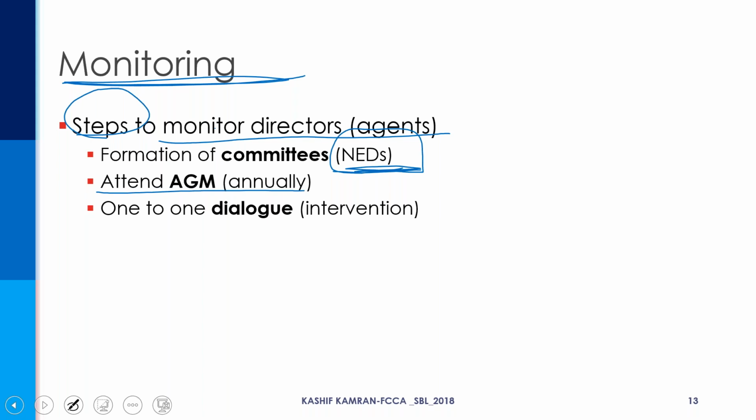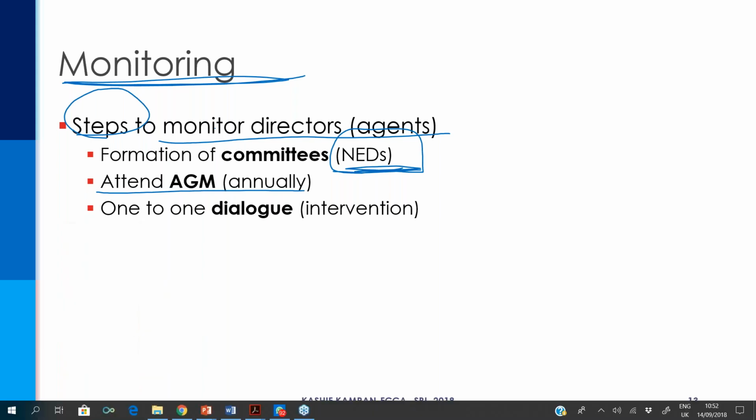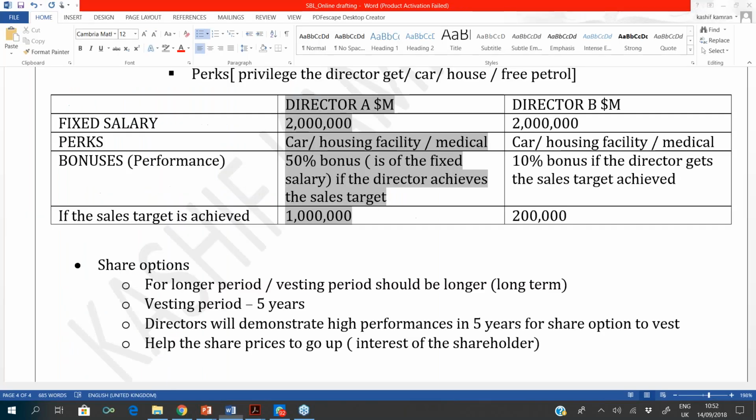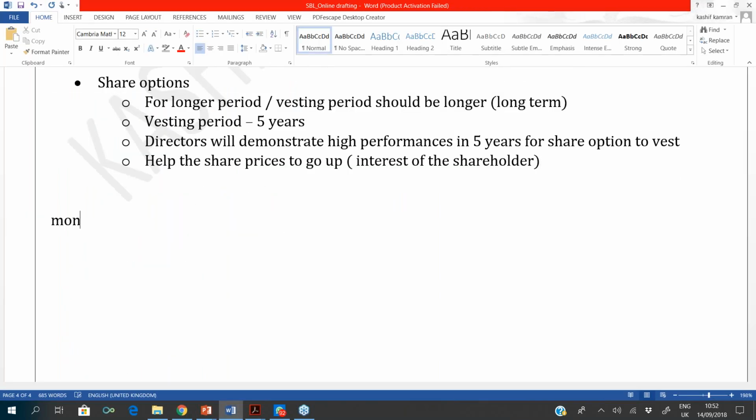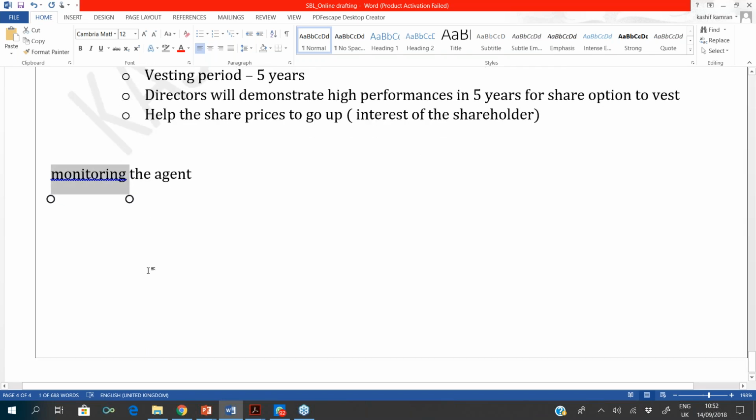So let's find the ways of this monitoring here. How can we monitor the agent? Now, when we speak of monitoring the agent, there are three ways to monitor the agent. The first way to monitor the agent is NEDs, committees.